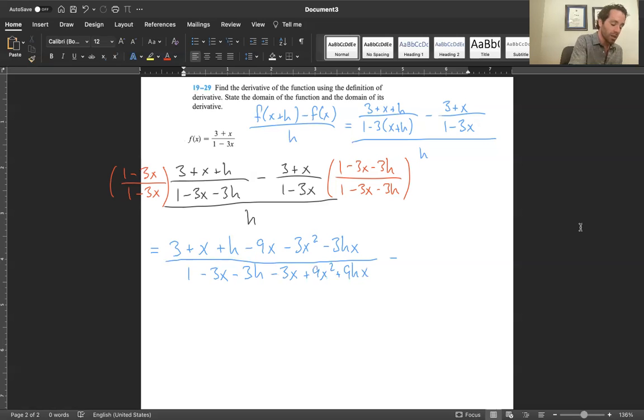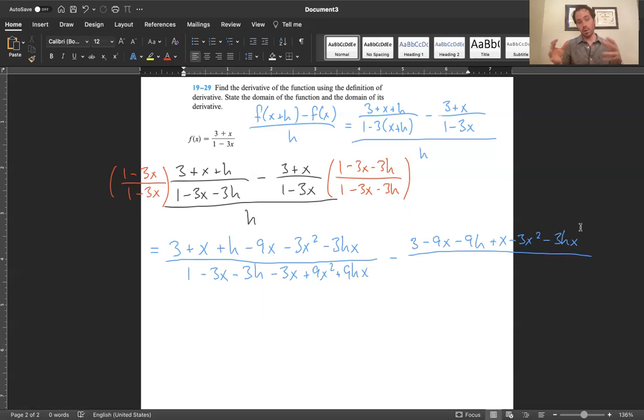Minus, and here I mean to copy this minus sign so that I don't have to worry about reversing things just yet. So minus, and then all the multiplications will be 3 minus 9x minus 9h. That's just multiplying by this. And then I'll do all the multiplications by the x. It'll be plus x minus 3x squared minus 3hx all over.